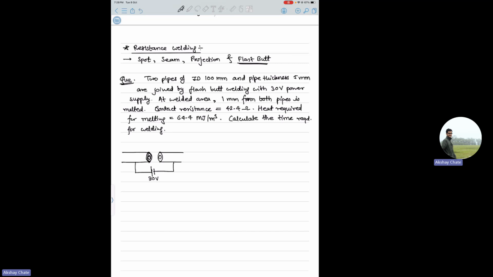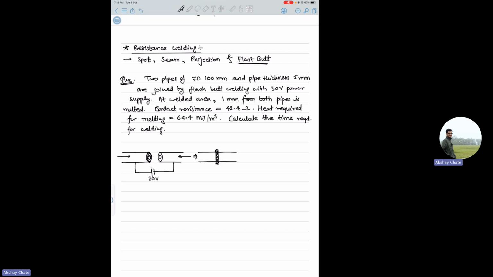You connect them and pass very high current for a small duration, and then you press them. In the end you'll have a connection like this. This will be your weld pool.